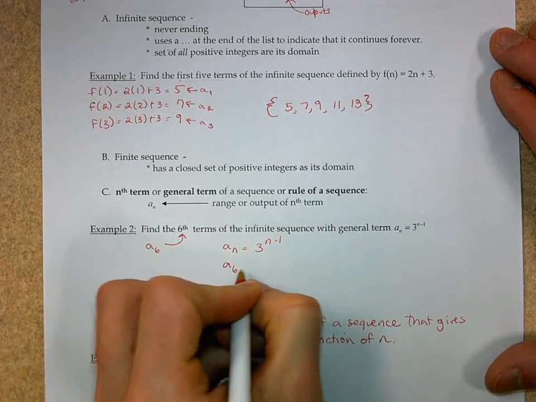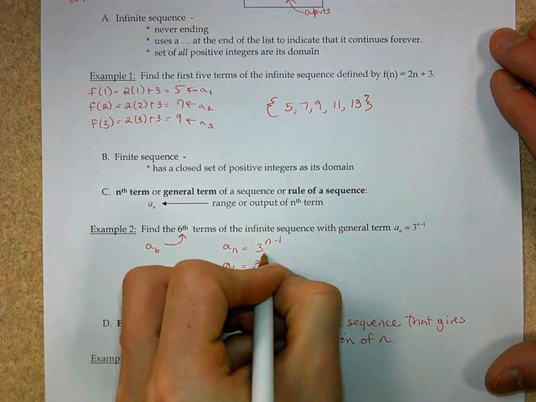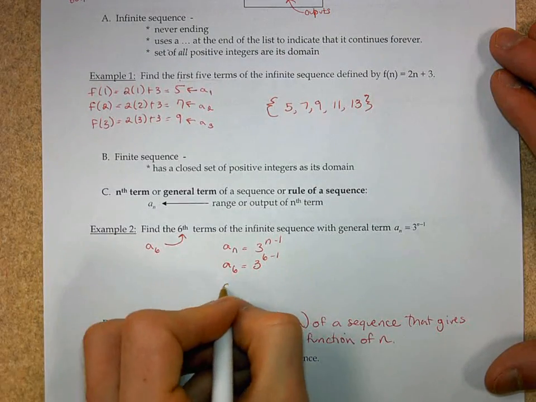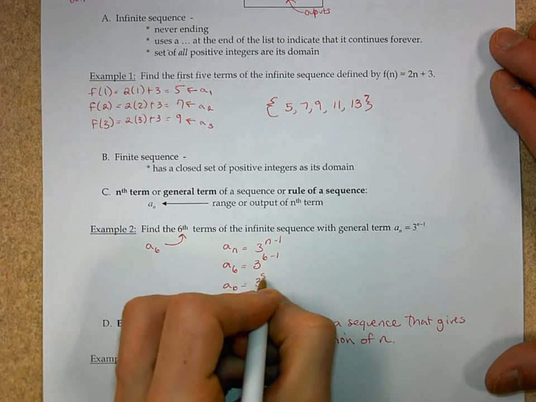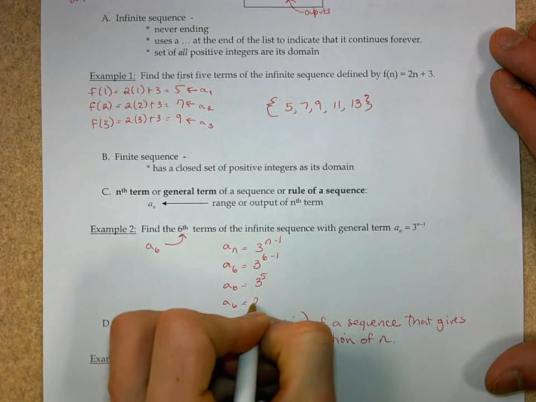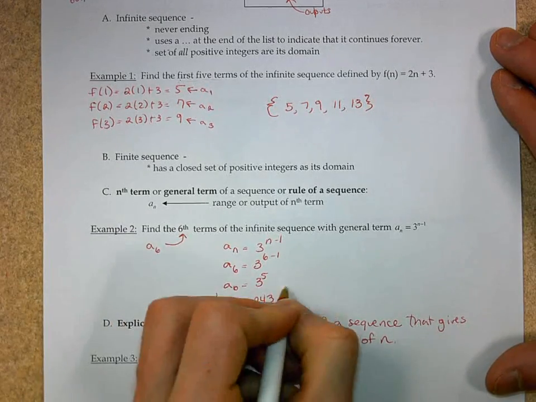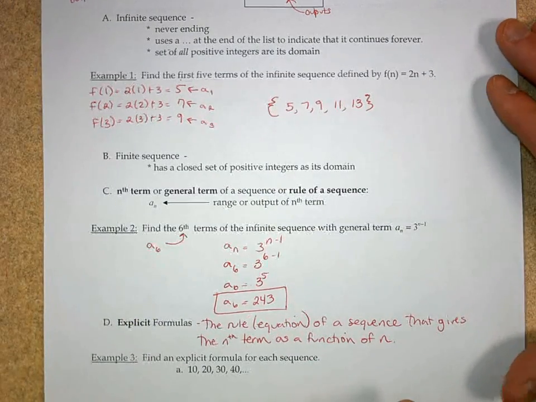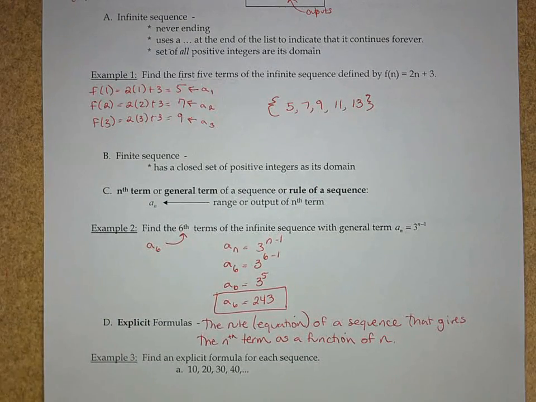So a sub 6 is equal to 3 to the 6 minus 1, which is 3 to the 5th, so a sub 6 is equal to 243. That's the first type of sequence we're looking at, infinite or finite, where we just plug in 5 for n if we want the 5th term.